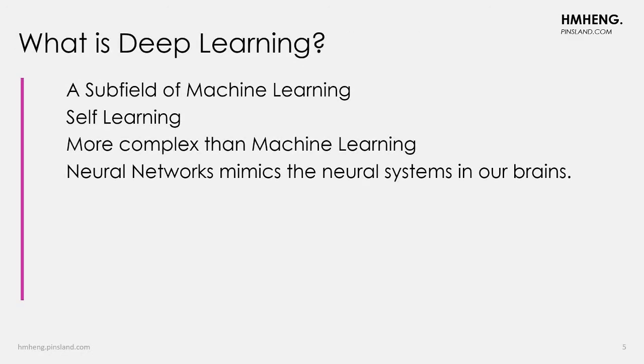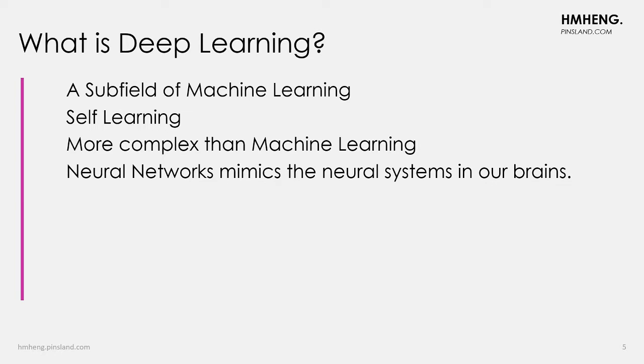So what is deep learning? Deep learning is a subfield of machine learning, and it grew roughly 10 years ago. It evolved from machine learning, emphasizing self-learning, and it is even more complex than machine learning.